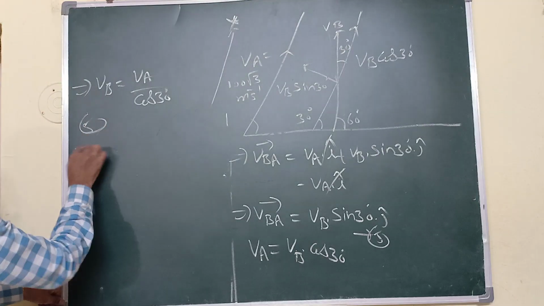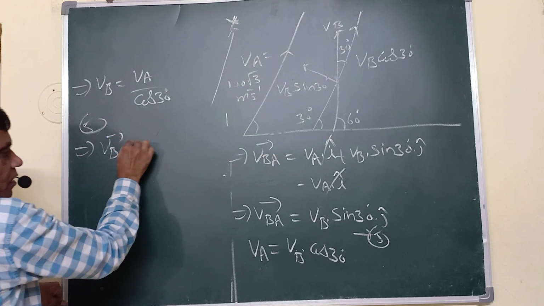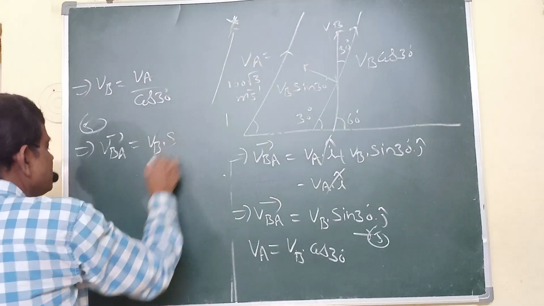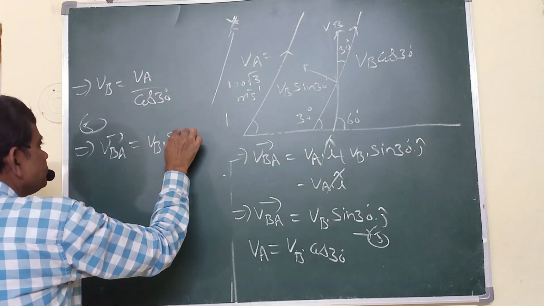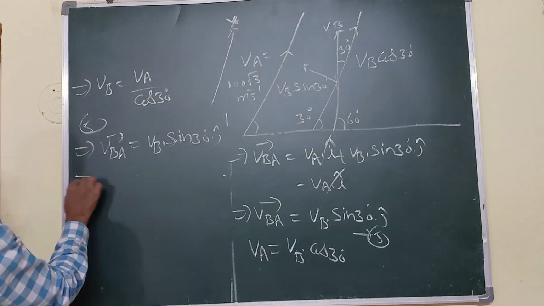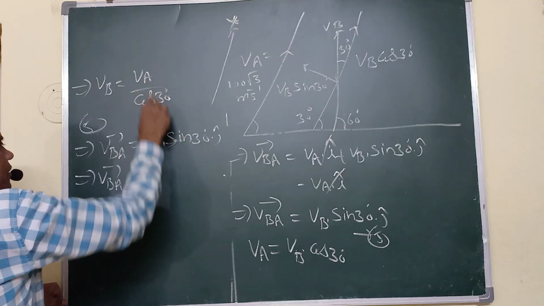What is the fifth equation? VBA equals to VB sin 30 into J. So VBA equals to, for VB what I am writing?